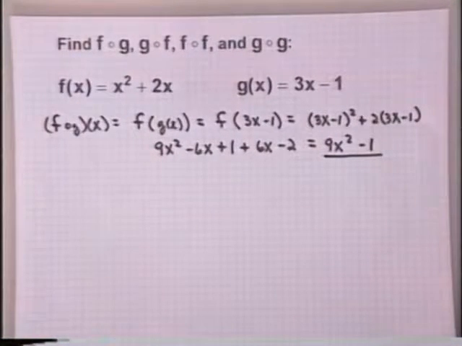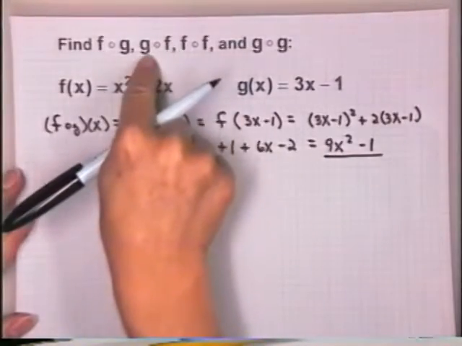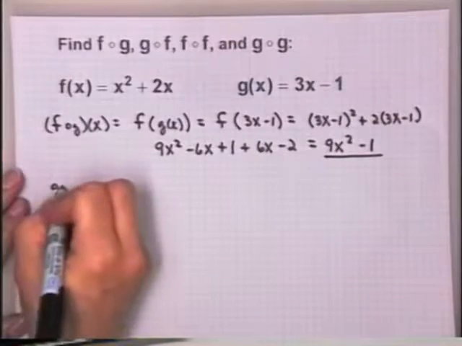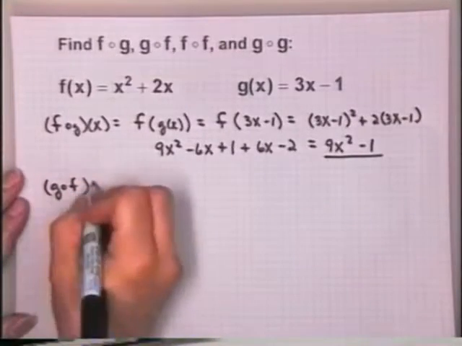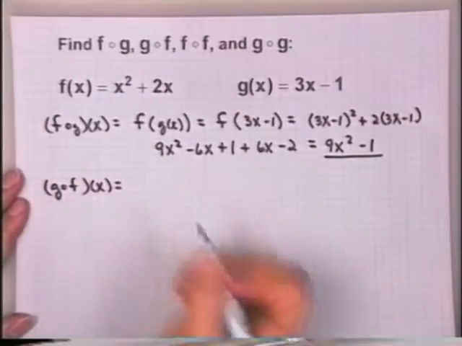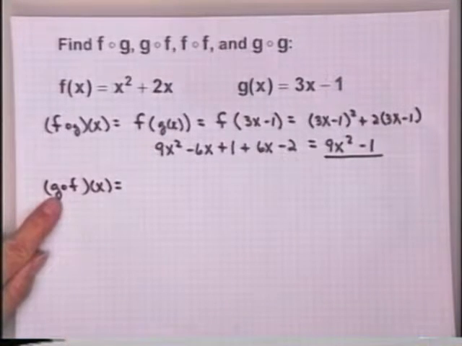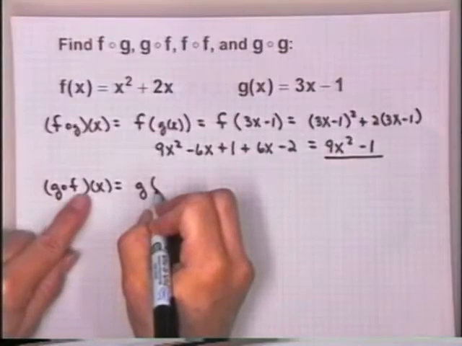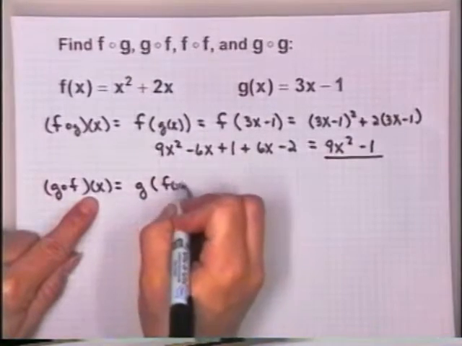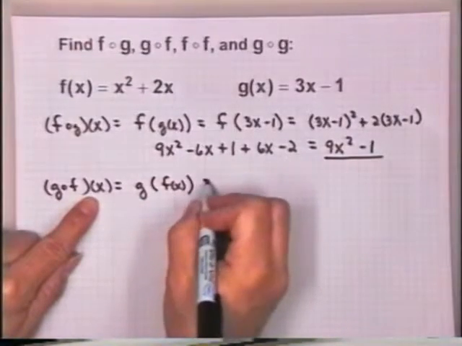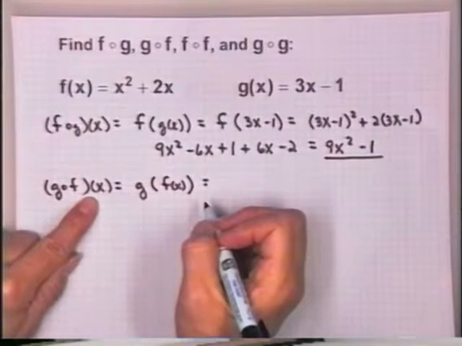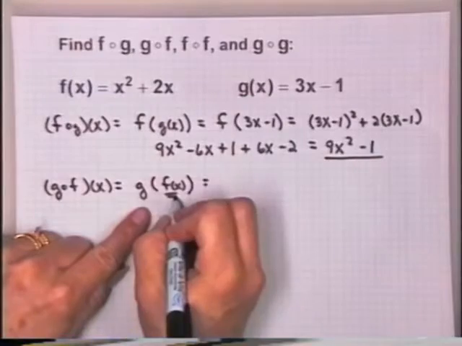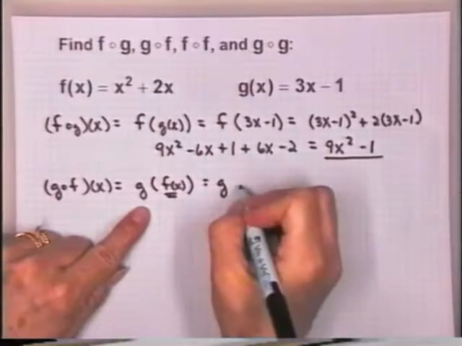Okay, now that's what we've been doing. Now notice he turns that in a different order and says find g circle f. Well, let's take a look at what happens when we do g circle f. Notice this time my function g is on the outside, so it's going to stay on the outside. And this time f of x will be on the inside. g of f of x. Okay, now which one do I replace first? I replace the inside one first. So let's leave g.